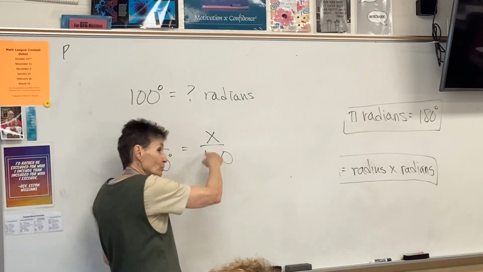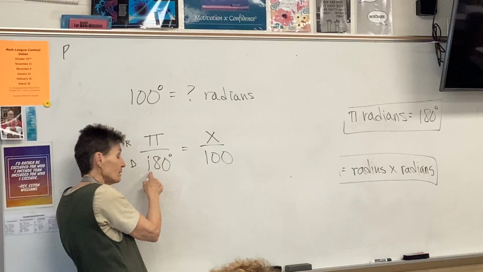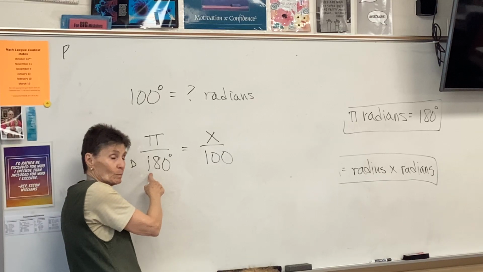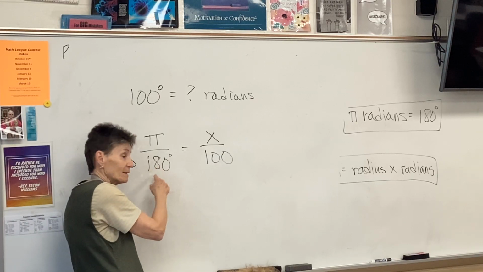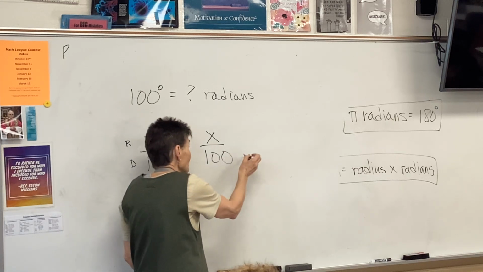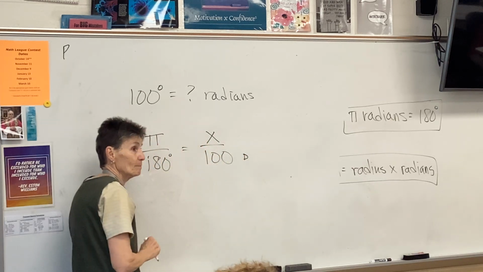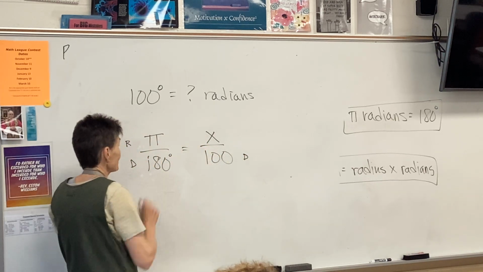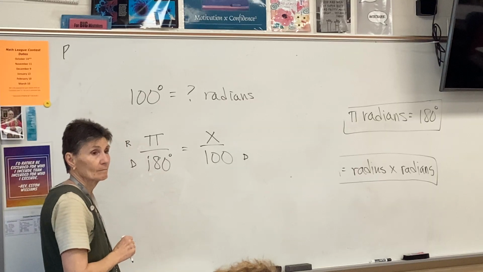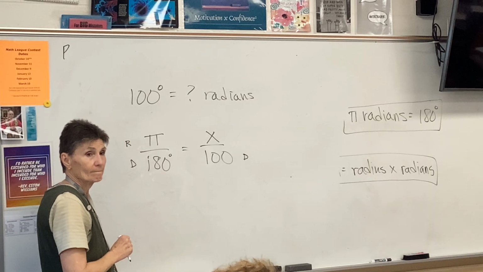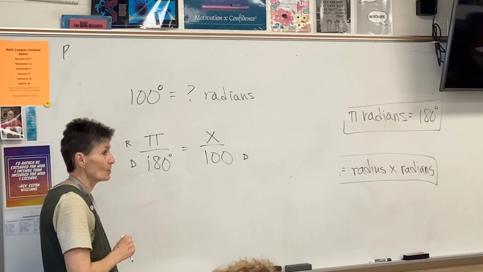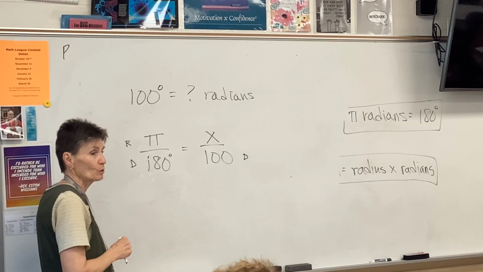So when you build your fraction, if you put the 180 on the bottom, which is where I always put it, you don't have to, but that's where I put it, then I gotta put my degree on the bottom. Now, how do I solve that? You guys know, that's a proportion. How do you solve a proportion?